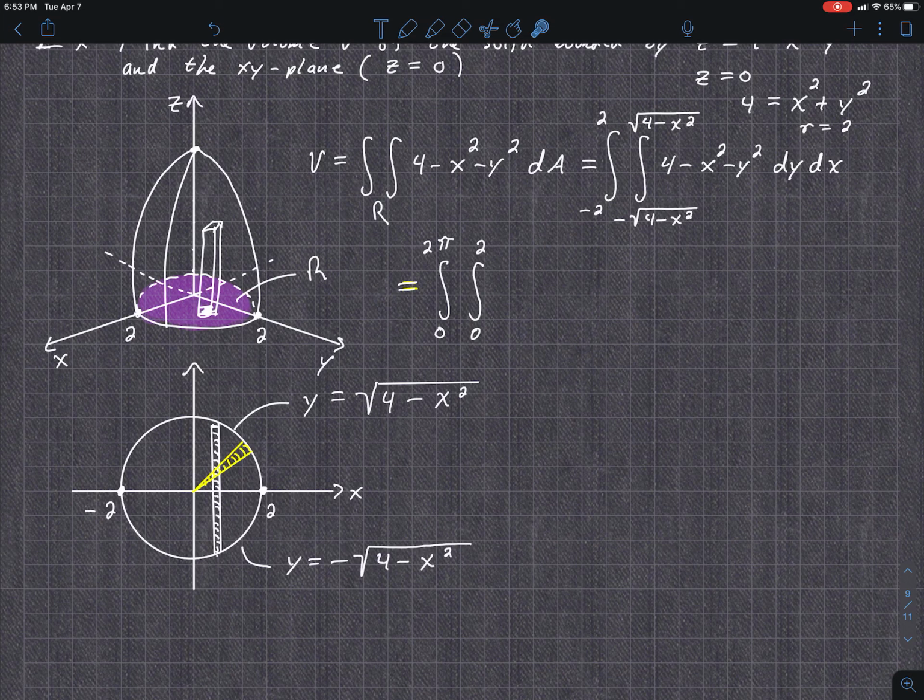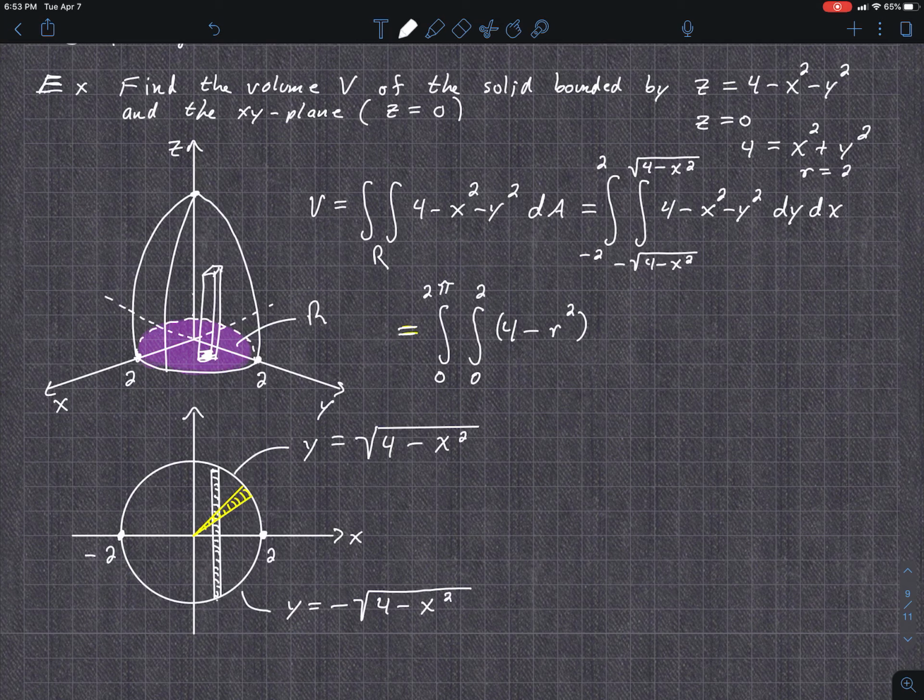For the integrand, you can substitute in directly. x squared plus y squared is just r squared, so you get 4 minus r squared. But then what do you need to put in for your polar situation? You need that extra factor of r, so it's r dr d theta.